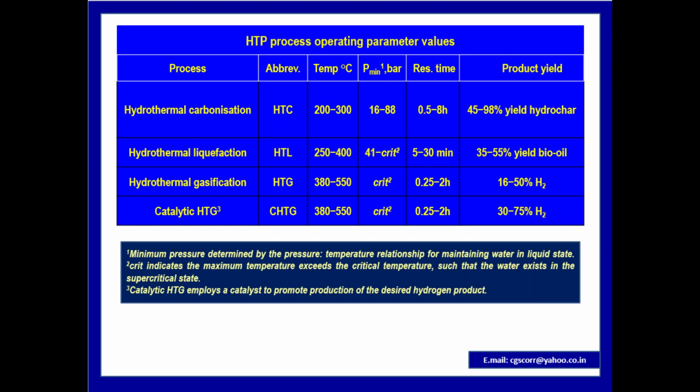And residual time is 0.25 to 2 hours. Product yield is 30 to 75% of hydrogen. Under this catalytic hydrothermal gasification, it employs a catalyst to promote production of the desired hydrogen product.